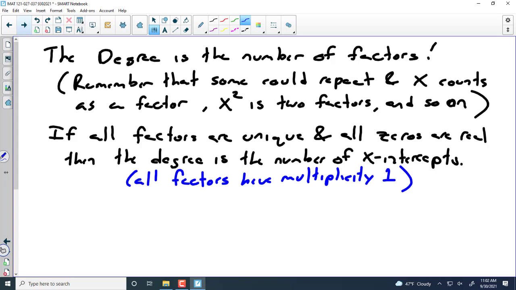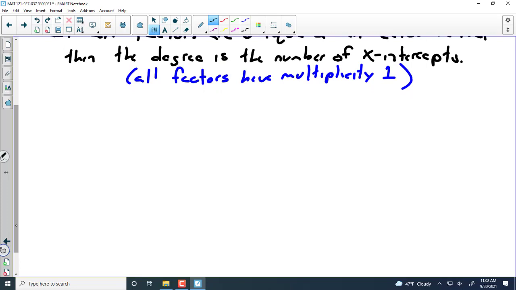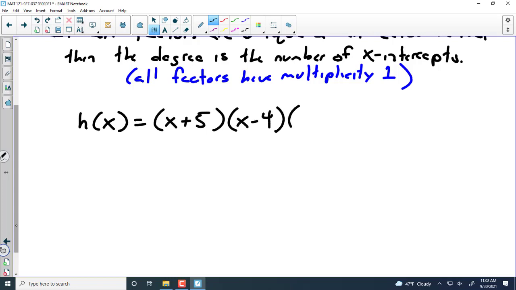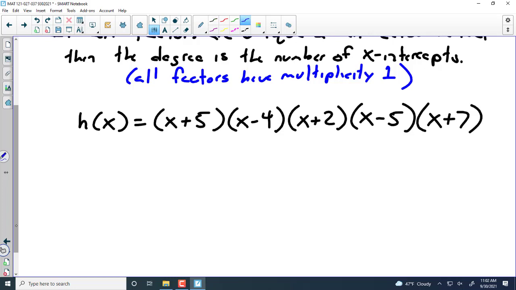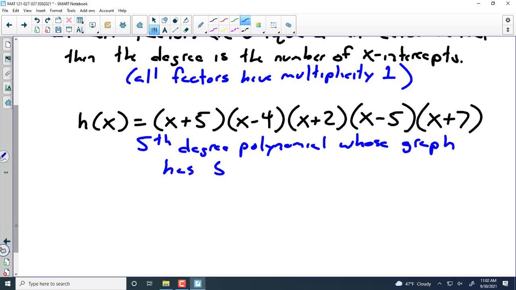For instance, this is a 5th degree polynomial whose graph has 5 x-intercepts, because none of the factors repeat, and they're all real numbers.